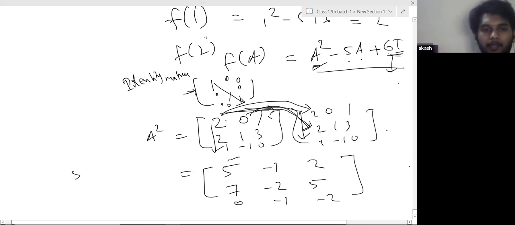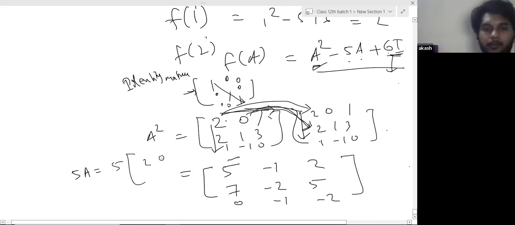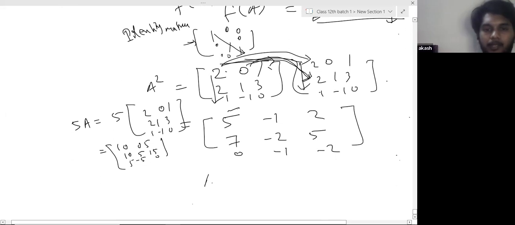So now we can find 5A. 5A is 5 times [2 0 1; 2 1 3; 1 -1 0]. So this is 10, 0, 5, 10, 5, 15, 5, minus 5 and 0. All right, and 6I. Let's write the equation. We have A squared minus 5A plus 6I.